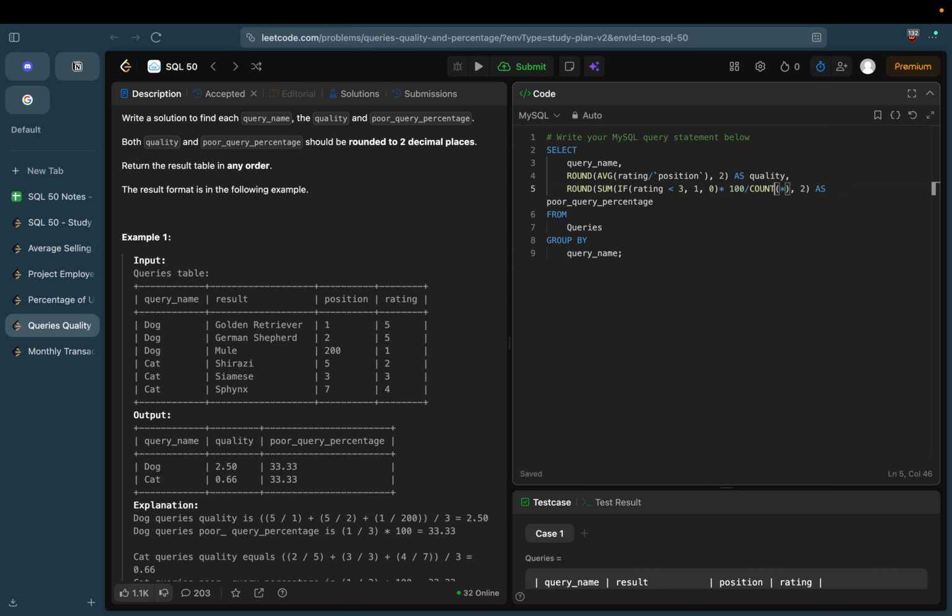Alright, I just messed up the brackets a bit. Actually not over here, after 100. Let's see if brackets look good.